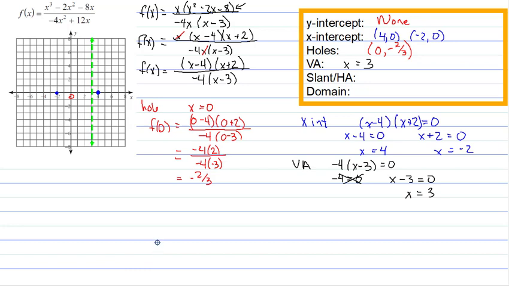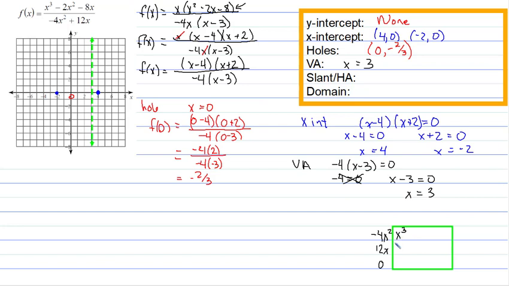Now comes the trickier part. We need to find our slant asymptote. When we're trying to find our slant asymptote, that's when we use that box and we have to divide. Going back to your original equation, negative 4x squared, 12x, 0, plus 0.